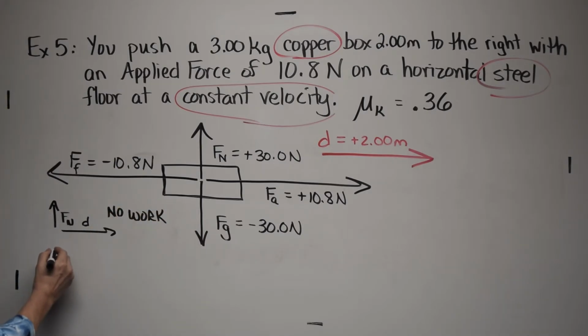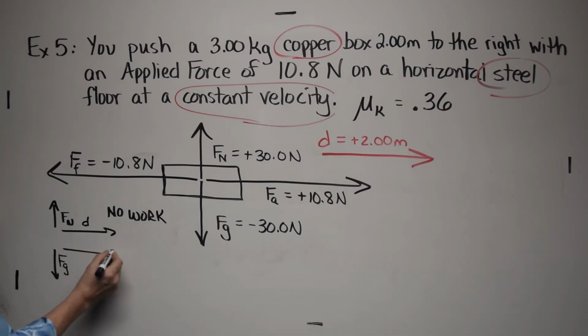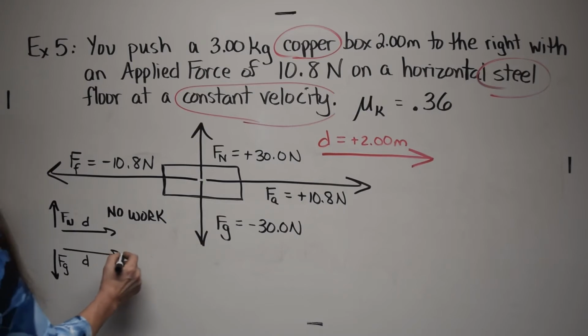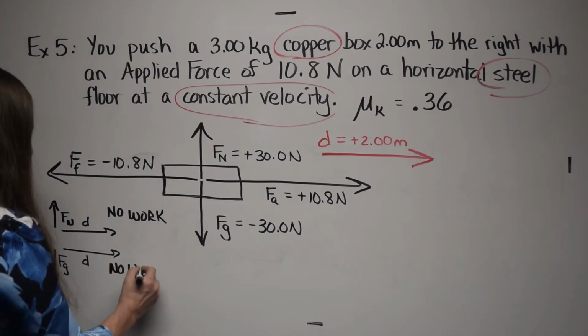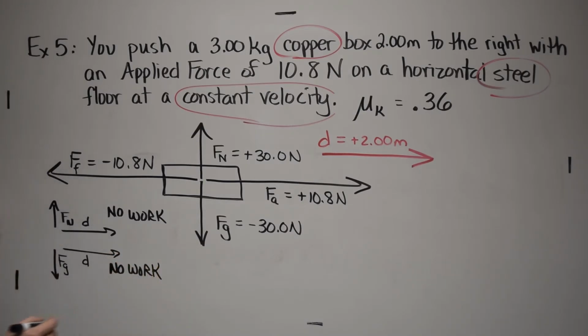The gravitational force, Fg, is down. The displacement is to the right. So these are both perpendicular to the displacement. The normal force and the gravitational force are not doing work. Now, how about the applied force?